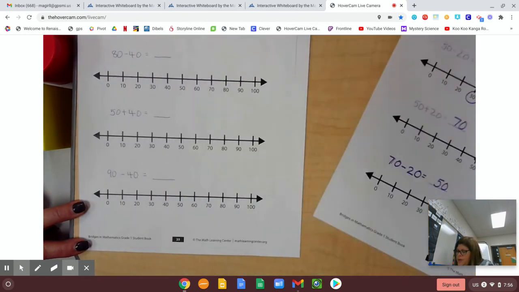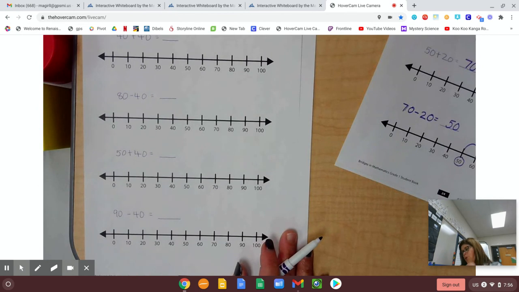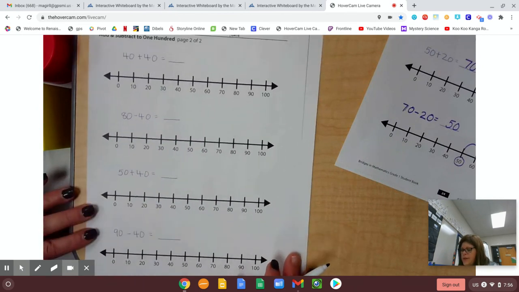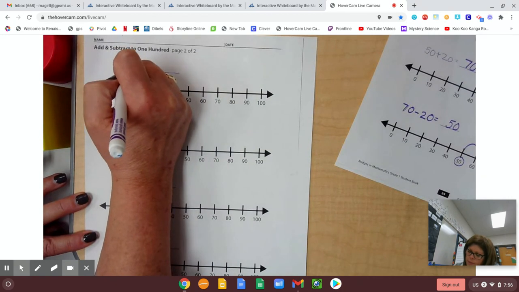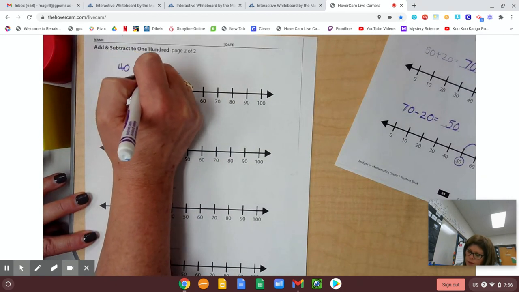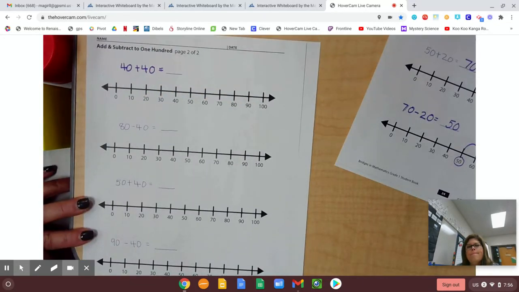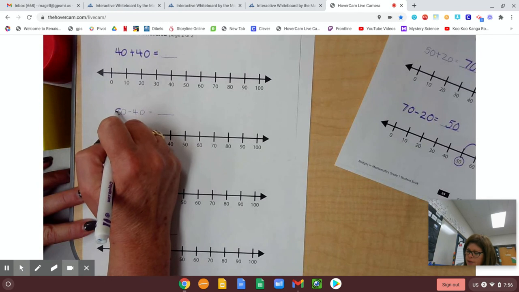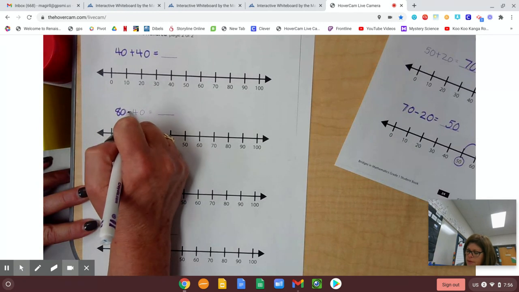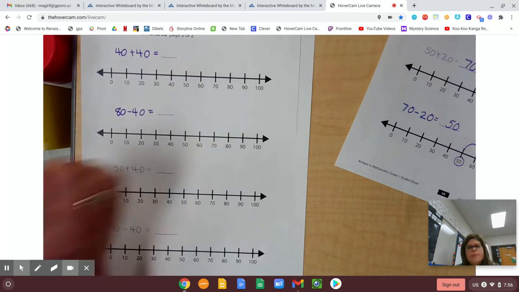So now you're going to turn and go to page 25. 25 are still some more tens number lines, counts of tens. And so for this one, I want you to write 40 plus 40 equals. Then I want you to go to the next one and write 80 take away 40 equals.